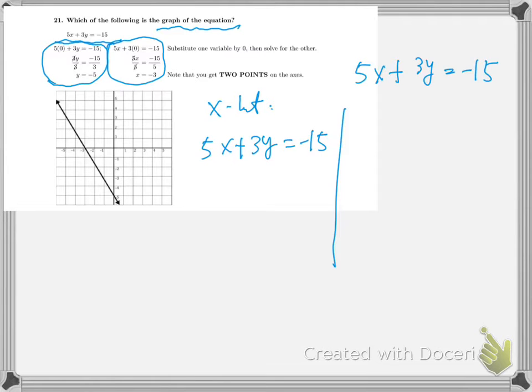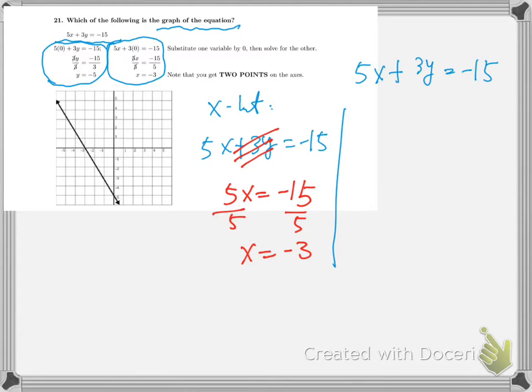So the small trick is, to find the x-intercept, you just delete the y term, including the sign, the number, the letter. Then you get a new equation that only has x. So divide by 5, x is negative 3.